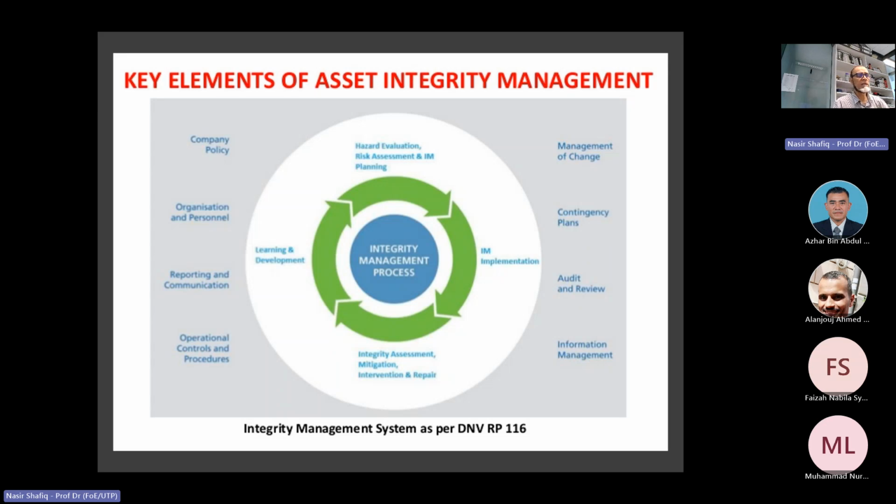The fire hazard, for example, the weather hazard, and whatever other hazards are available. Hazards are always available, but if not managed properly, they may become a disaster. So based on that hazard, we can evaluate our asset and find the risk. So that is integrity management planning, right?